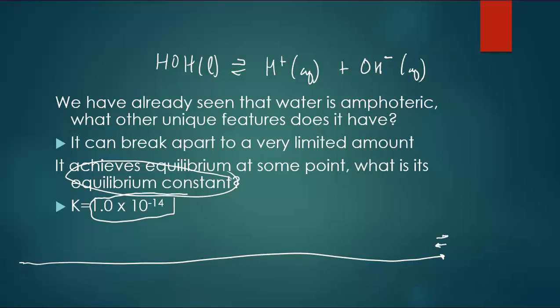So if the K value is 25, then it goes way down the line. It almost completely finishes before it finally reaches equilibrium and you can't get any more product out of it.